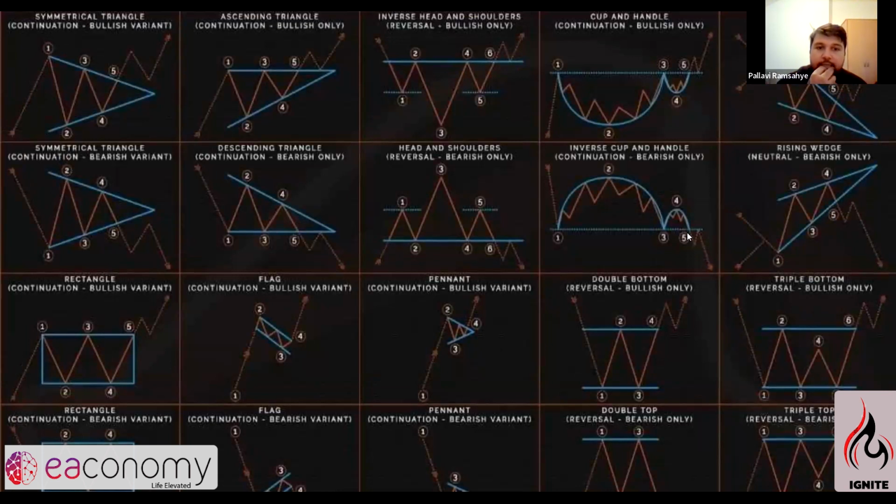Imagine knowing how these patterns are formed and you don't even need an indicator. You don't need the confirmation of the volume spike, although it does help a lot, to dictate your entry.